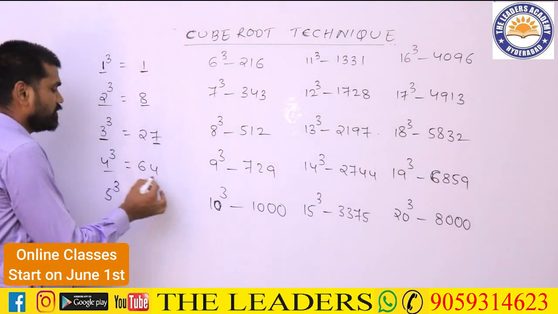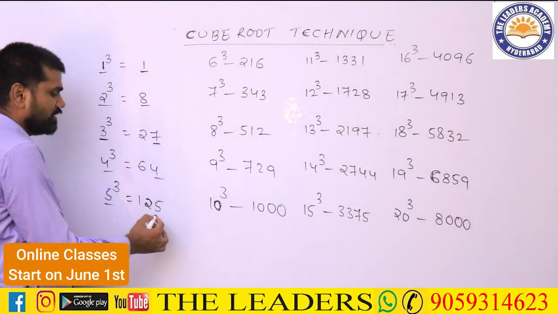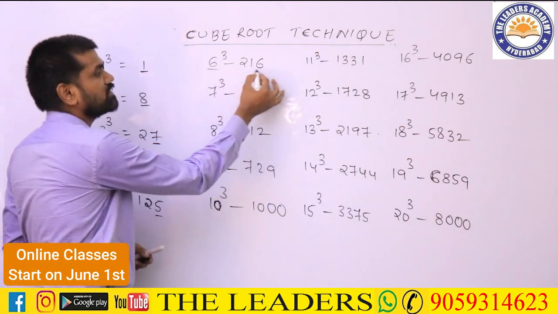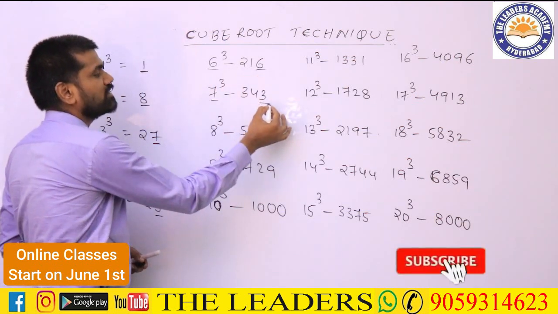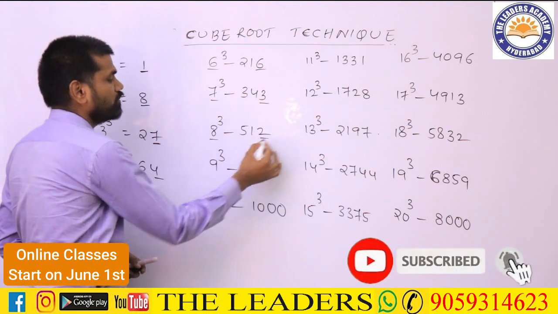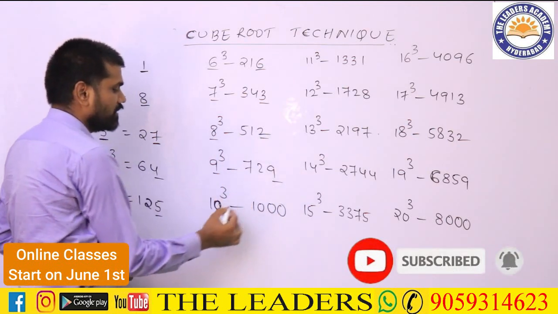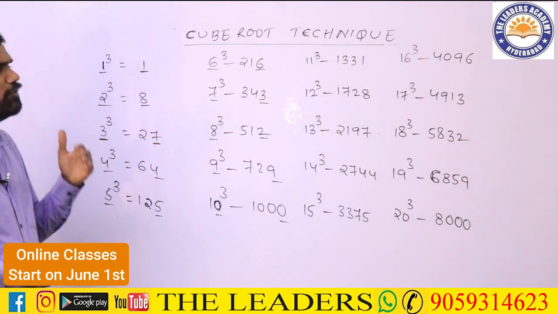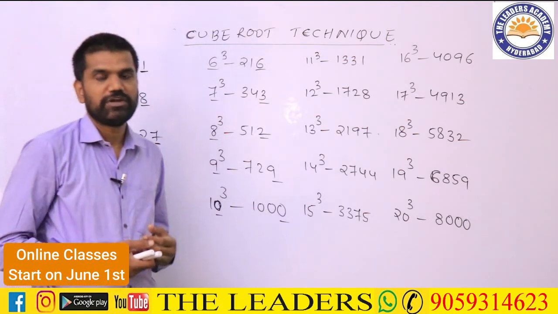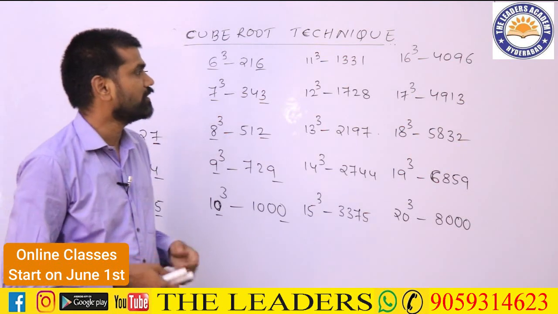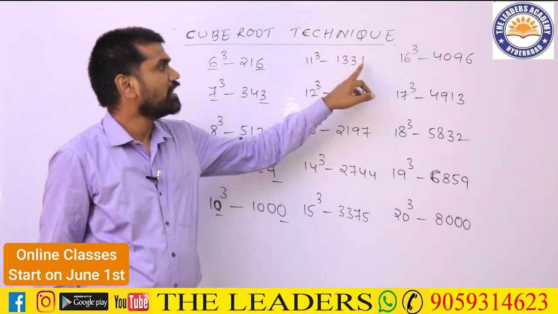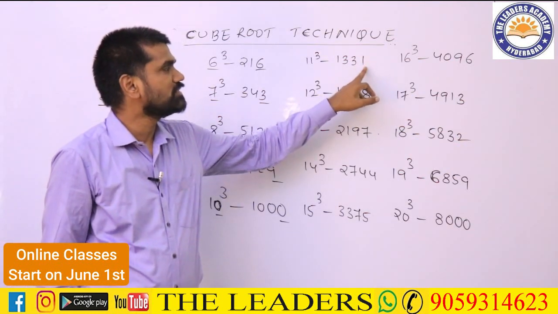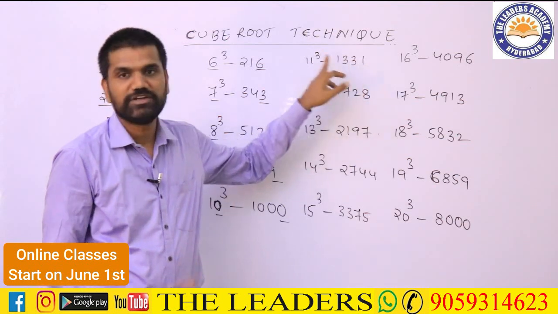So 4 cube ends with 4, 5 cube is ending with 5, 6 cube is ending with 6, 7 cube is ending with 3, 8 cube is ending with 2, 9 cube is ending with 9, 10 cube is ending with 0. Likewise, if you take any perfect cube for that matter, based on the last digit we can say the units digit of the cube root of that number.